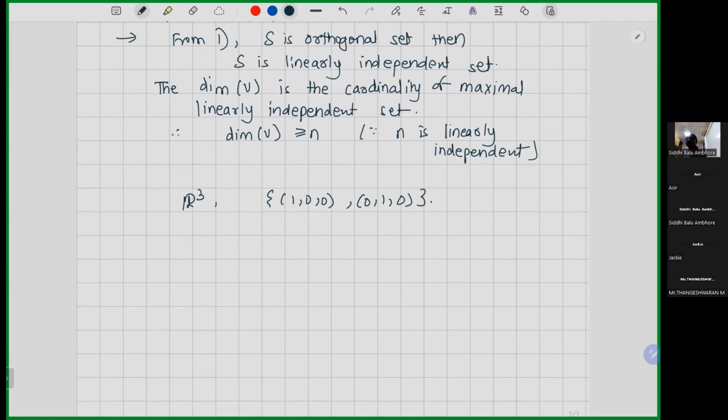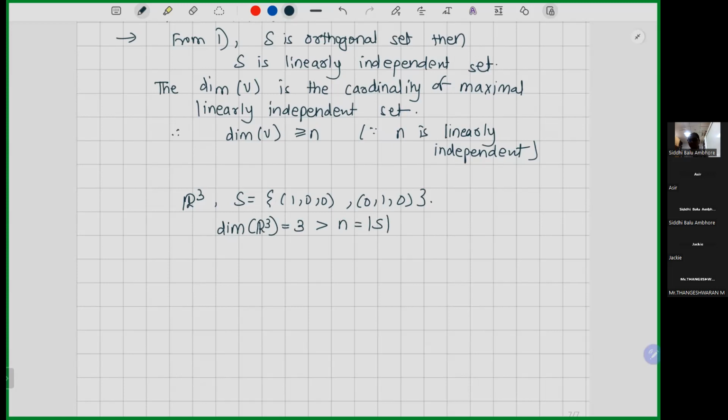Yes, this is an orthogonal set, and its cardinality is n in S. But what is the dimension of R3? It is 3, which is strictly greater than this n, the cardinality of S. Is it okay?